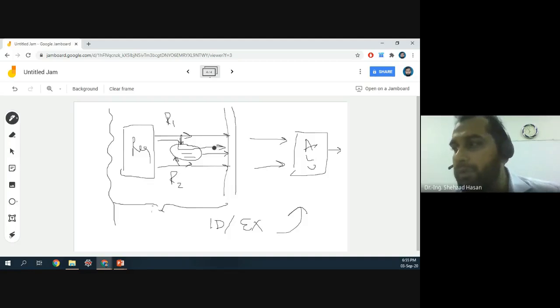I'm sure you know about the critical path. The critical path is the longest path of any circuit, which is going to determine the delay. So now we have added one more operation in that pipeline.